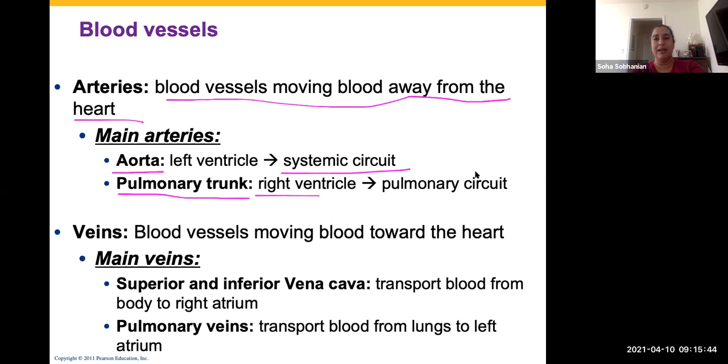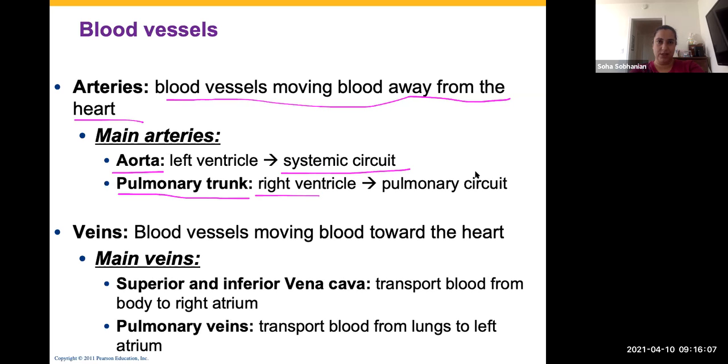Blood on the left side comes from the pulmonary circuit and goes to your systemic circuit.